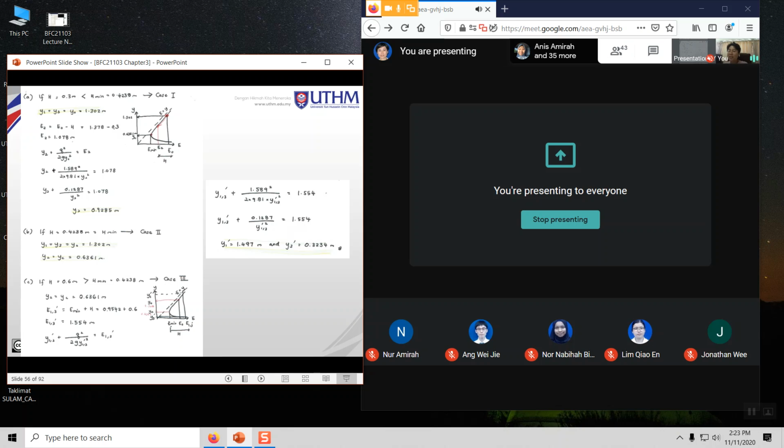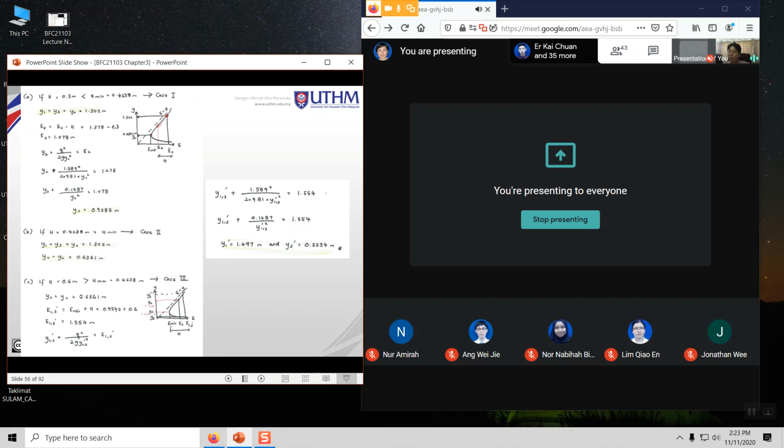But which one is your answer? Your answer should be Y2 greater than 0.6361 and less than 1.302 meter. Why? Because your initial Y0 is subcritical, so therefore your Y2 should be subcritical as well. I purposely draw the arrow down because it doesn't change from critical flow yet. It still remains the same state of flow, which is subcritical.